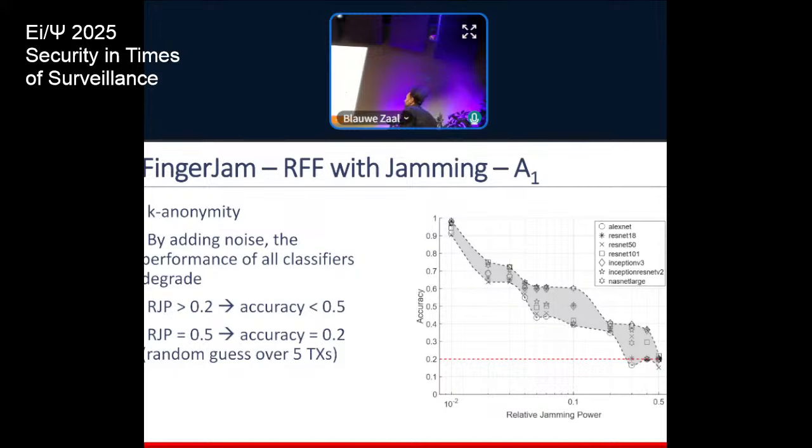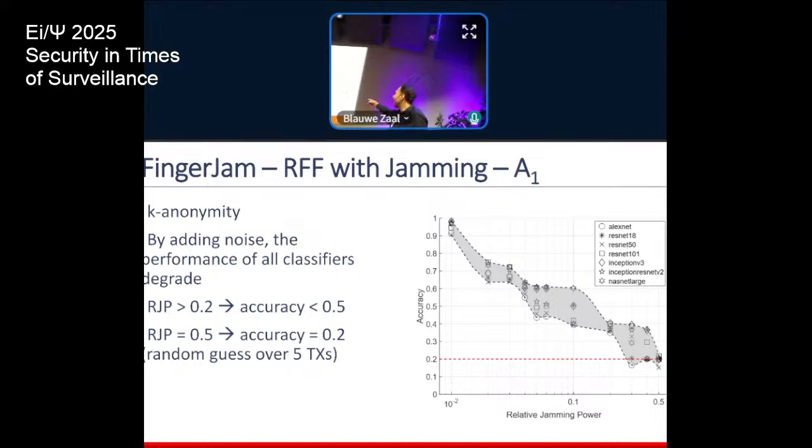The interesting result is that you need a relative jamming power of 0.3, as you see in this slide, to completely transform the output of your classifiers into a random guess. 0.2 here, because we have 5 transmitters. So over 5 transmitters, the random guess is 20%.